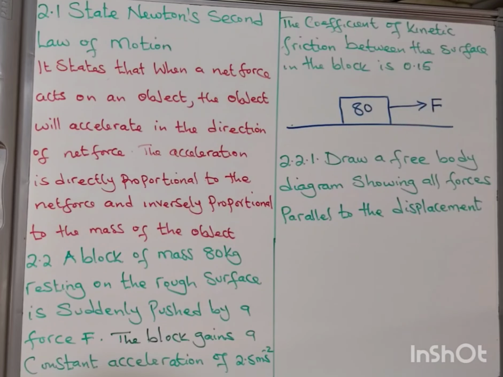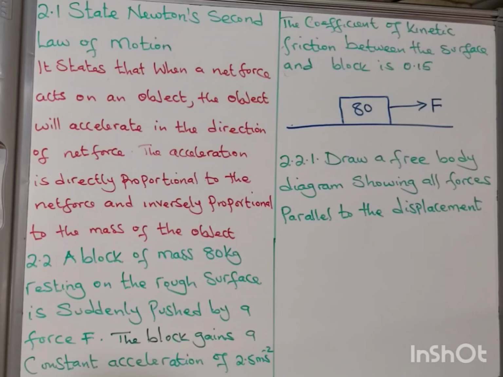The coefficient of kinetic friction between the surface and the block is 0.5. So this is the diagram we are having here. And the question says, draw a free body diagram showing all forces parallel to the displacement. How do we go about that?